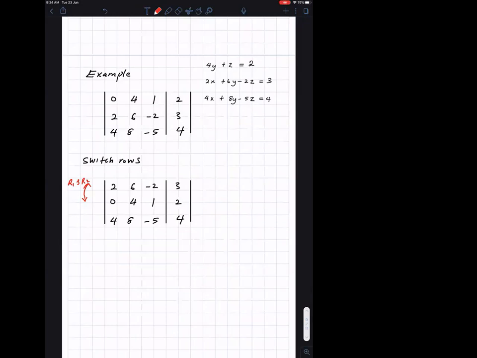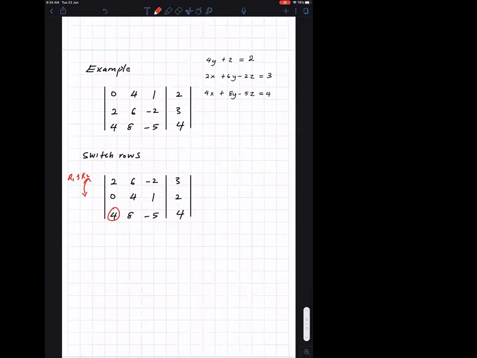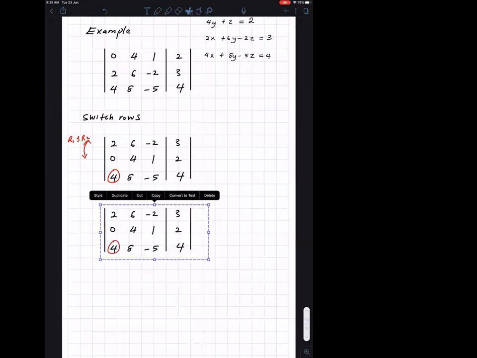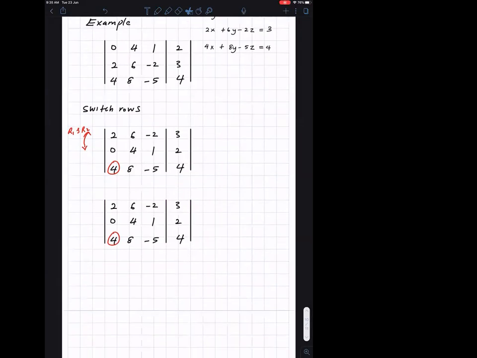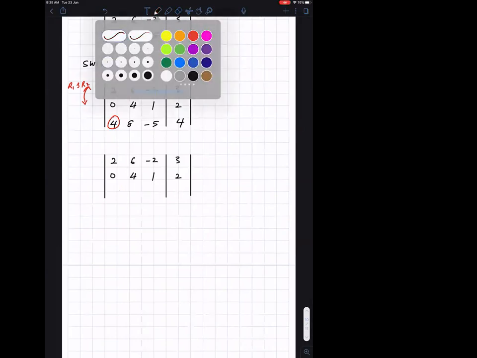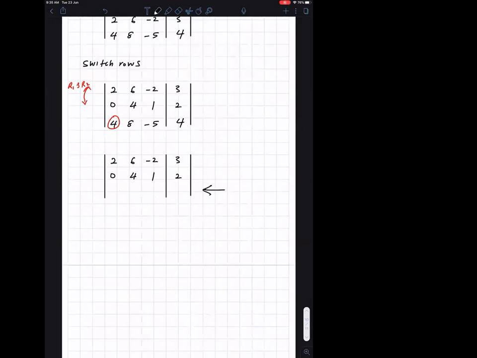Next, you can try to make this go to 0. We can achieve this if I subtract row 3 by 2 times row 1.